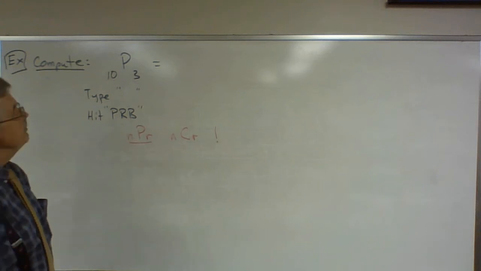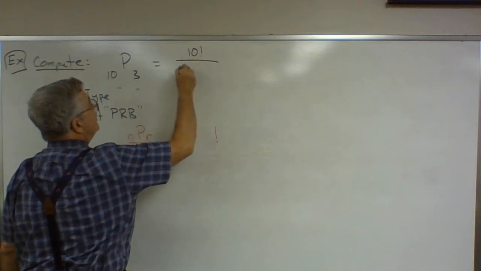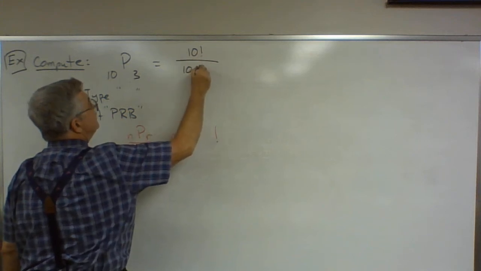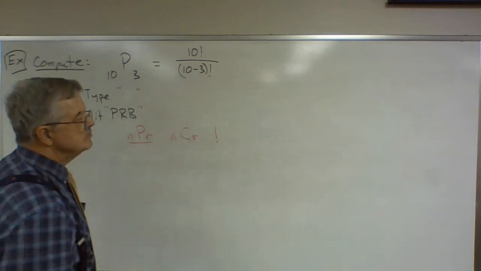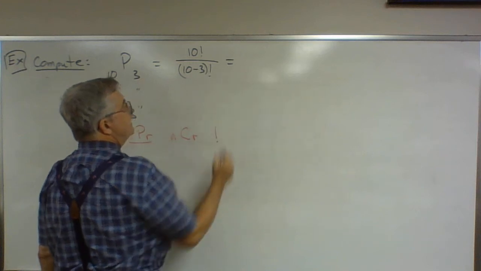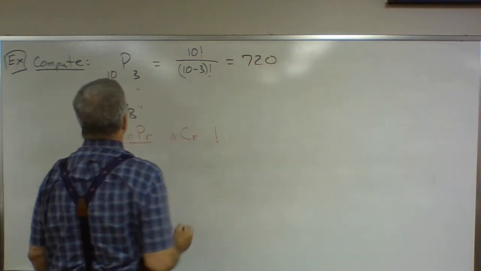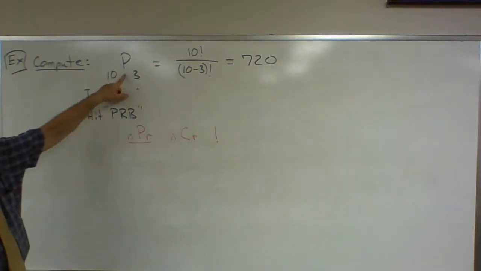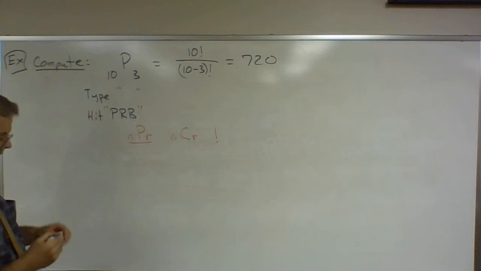And if we're doing this in factorials, we're going to have 10 factorial over 10 minus 3 factorial. And when we hit enter, we're going to get 720.